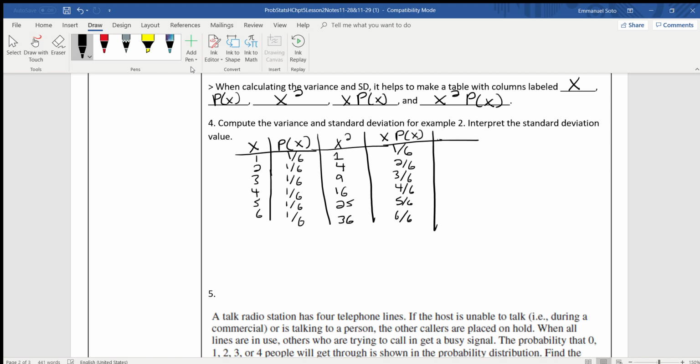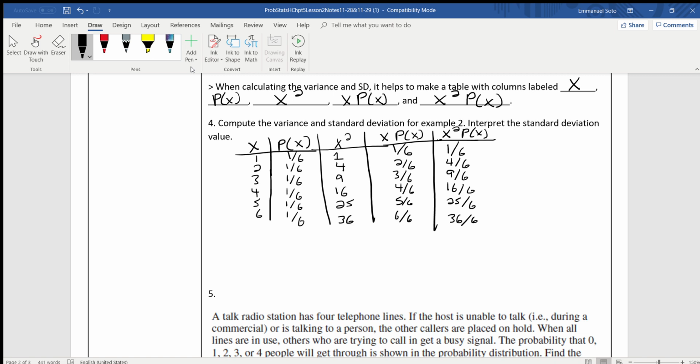Then we have our x squared times p of x, multiplying these two columns. So 1 times 1 out of 6 is 1 out of 6. 4 times 1 out of 6 is 4 out of 6. 9 out of 6, 16 out of 6, 25 out of 6, and then 36 out of 6.